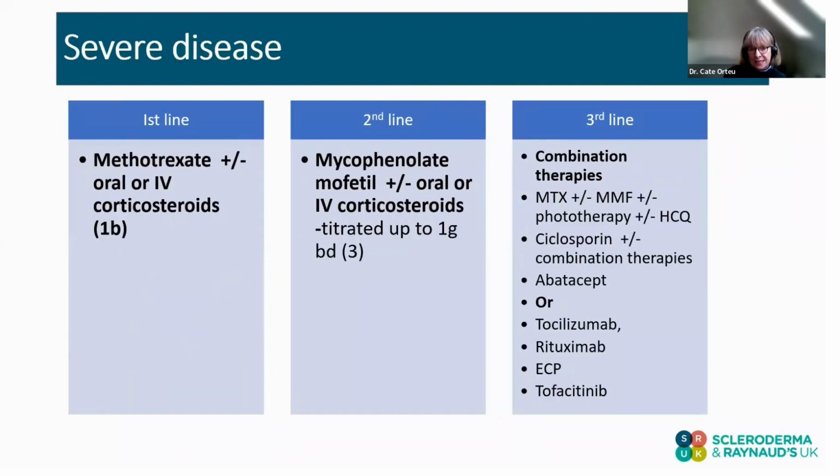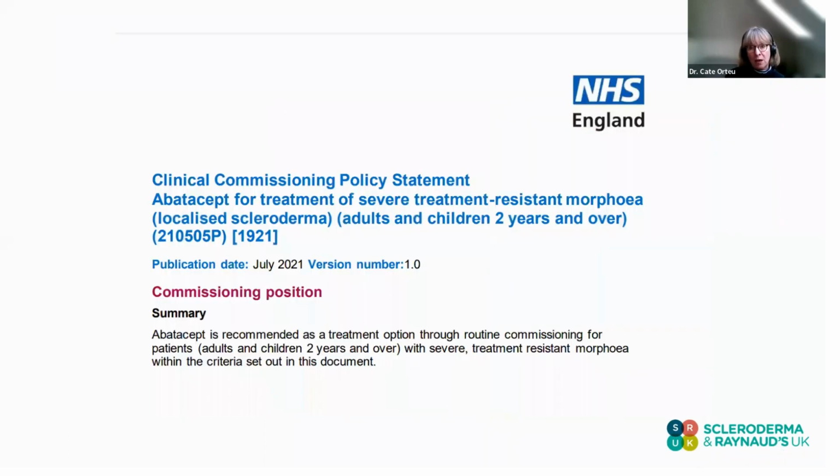And then in more severe disease, the mainstay of treatment is methotrexate and steroids. Mycophenolate is the next best if you don't tolerate methotrexate or don't respond to it. And now, Voon Ong and I worked with the rheumatology commissioning group, or clinical reference group, for NHS England a couple of years ago, and we got abatacept for the treatment of severe treatment-resistant morphea in adults and children over 2.